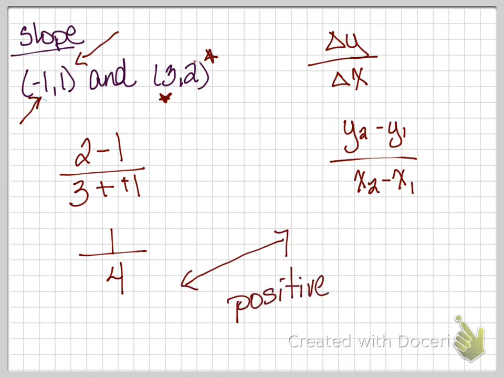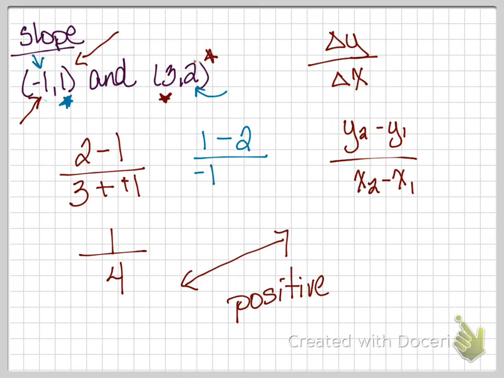Now, just for fun, just to show you, I'm going to start with this point first and do it again. So I'm going to do 1 minus 2. I've got my 1 here, and then I've got my 2 there. So I'm subtracting y's. For my blue value, I started with the left-hand point first. So now I'm going to do my x value here.